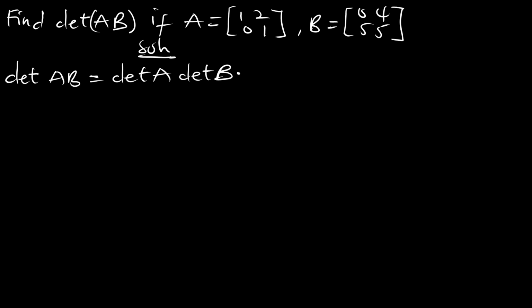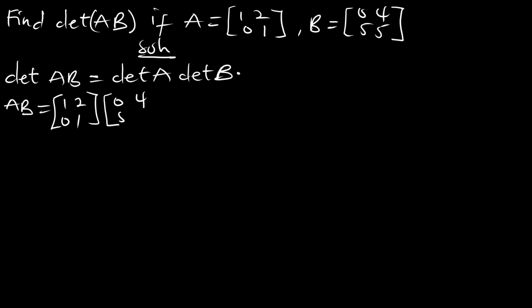So first, let's find delta of AB. But before that, let's first get AB. That's the multiplication of matrix A and B. That is 1, 2, 0, 1 multiplying the matrix 0, 4, 5, 5.